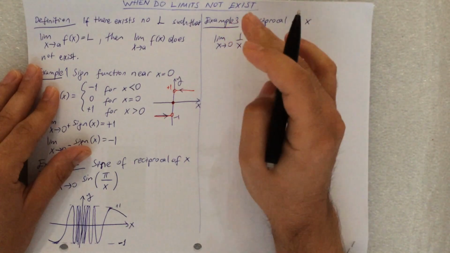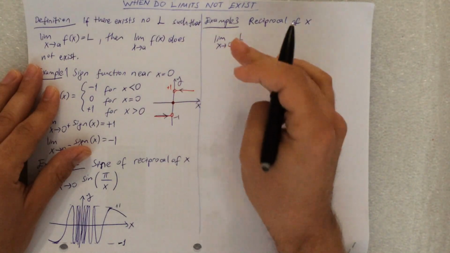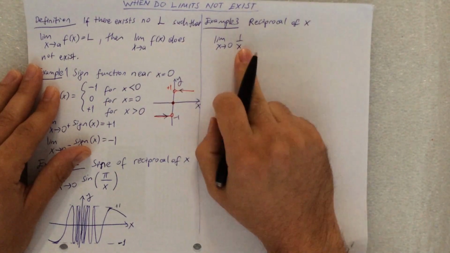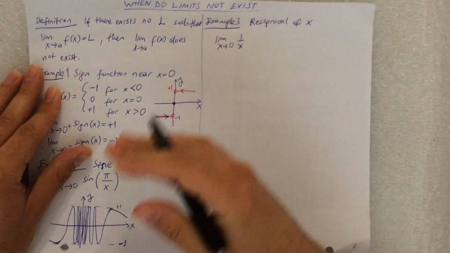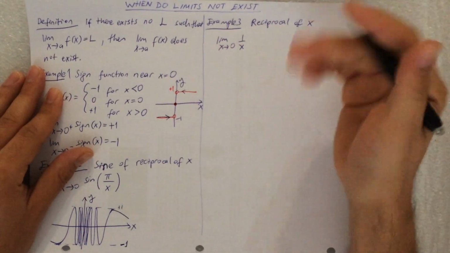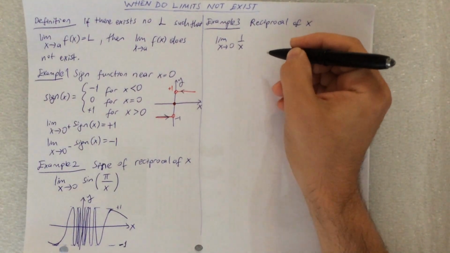Every time you say that you're getting close to some value, if you decrease x further and further, you can even go beyond that value, and this doesn't have a limit.